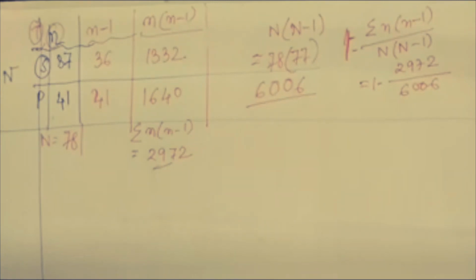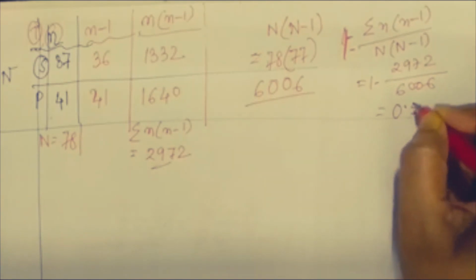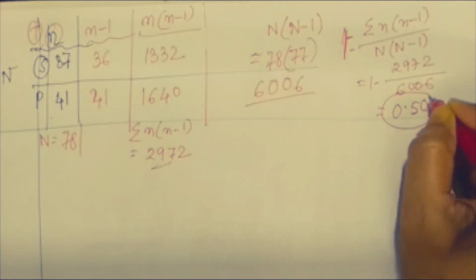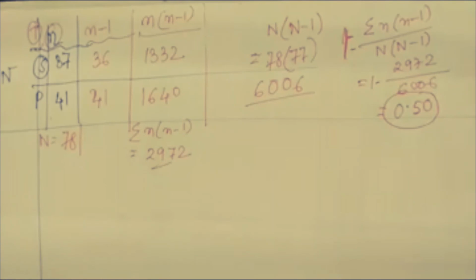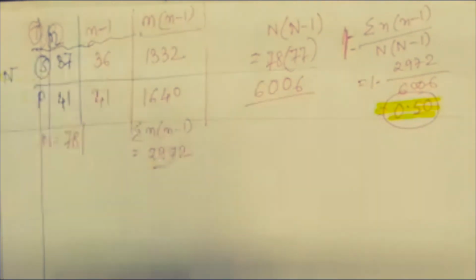The answer is 0.50. This is the index of biodiversity, or rather plant diversity, for grid number 1.